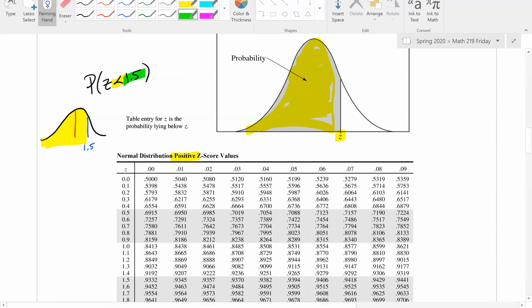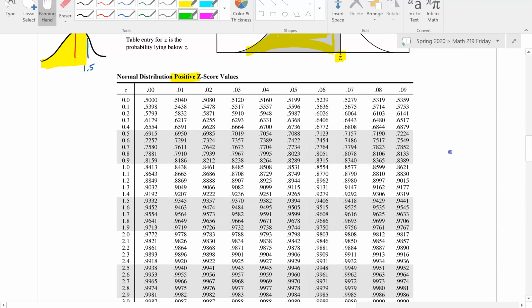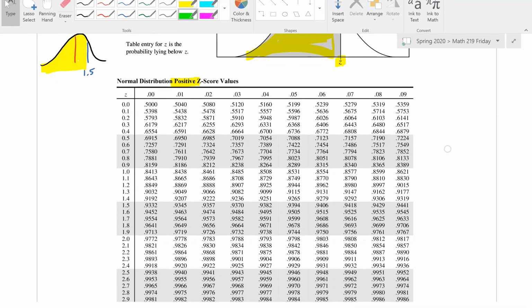So if you look down here, look for a z-score of 1.5. 1.50. So here's 1.5. Okay, and if you need to fine-tune that, that's how you go down this list. So say I wanted the number 1.59, I would go 1.5 and all the way down to the 0.09, and I would see where they meet. 1.5 is like 1.50, so I want 1.50.